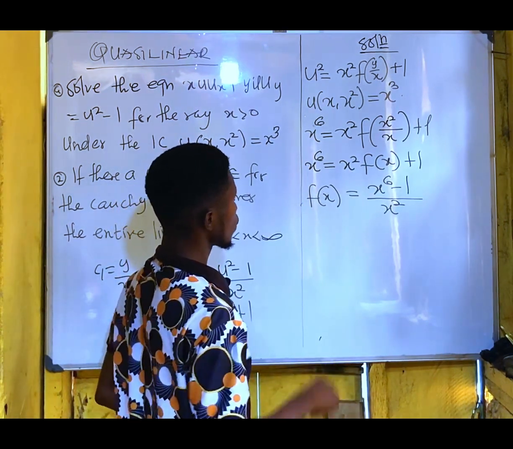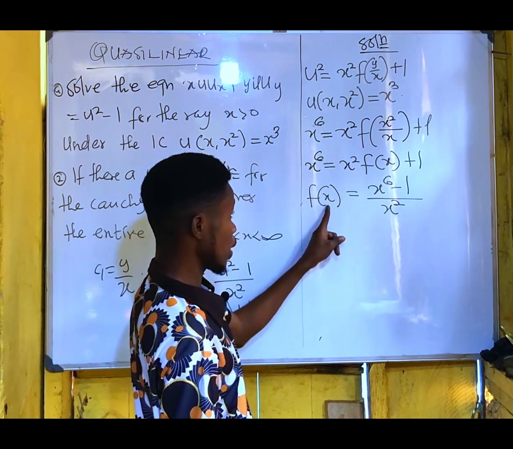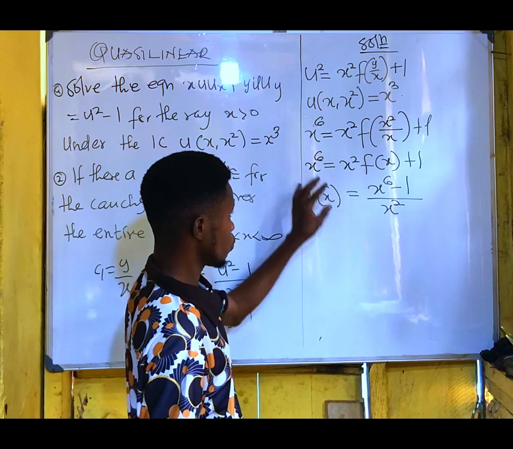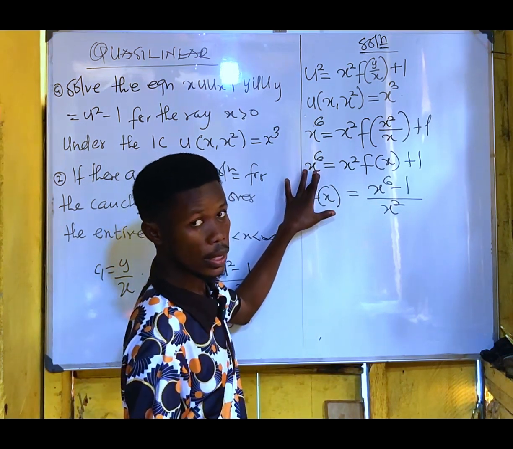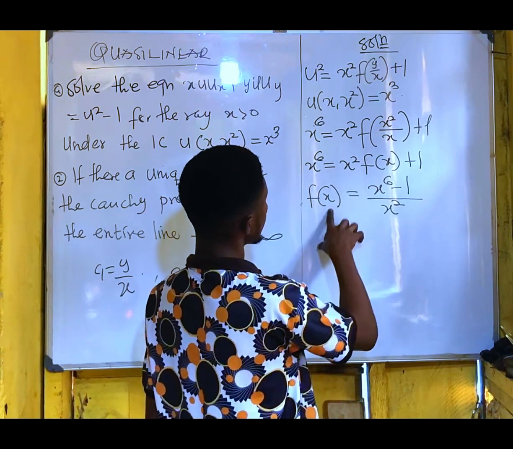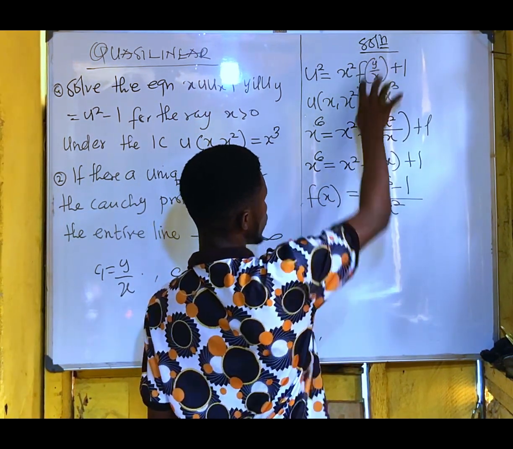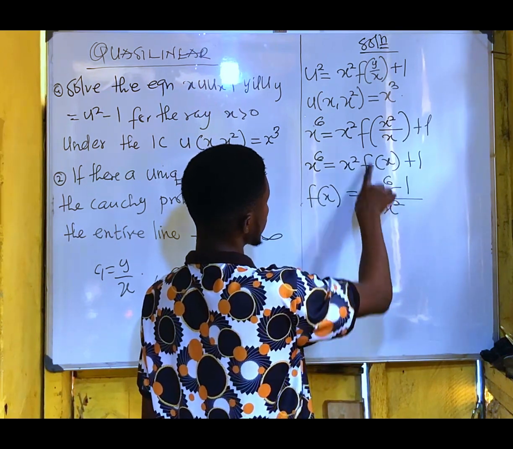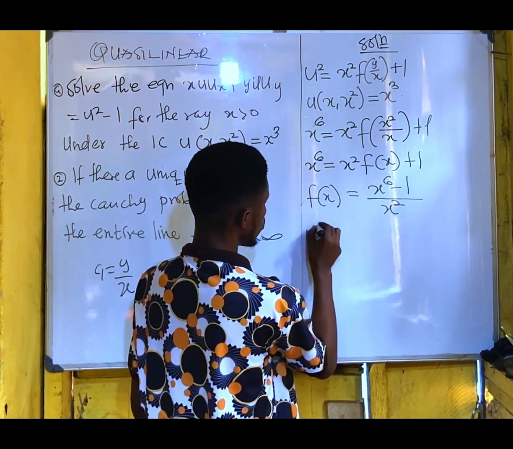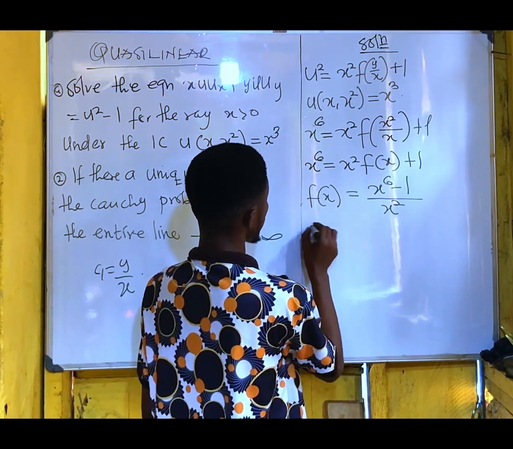Now, the meaning of this is that here you can say let p be equal to x, but it's still x, so you can decide to forget about bringing the p. Is that okay? So you go back to the general solution where we have y over x. So wherever I see x is now y over x. So that's what I'm going to do there. Let me pick that one alone, if not, it will be confusing.